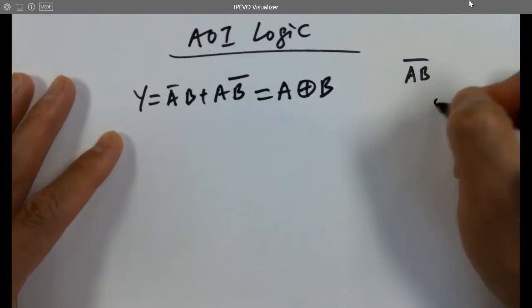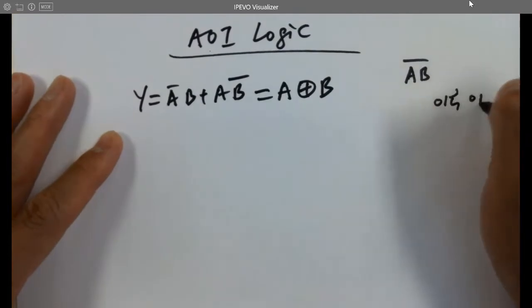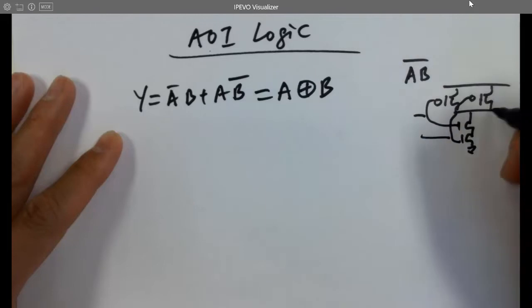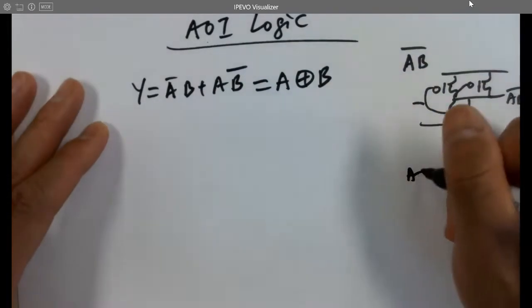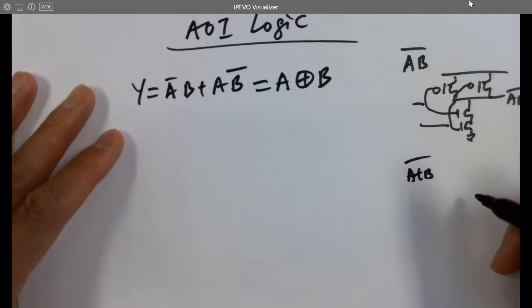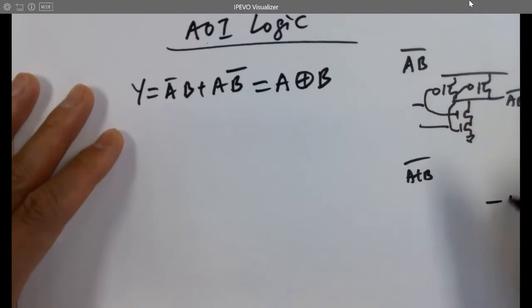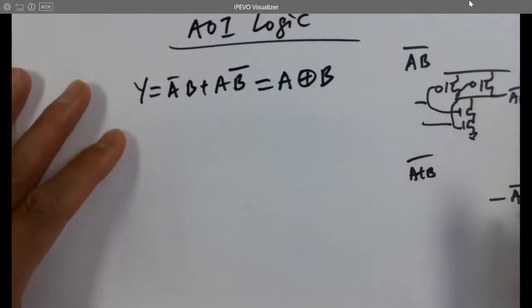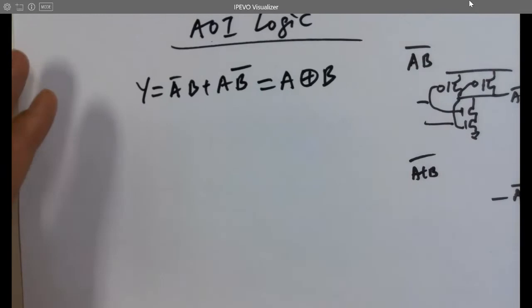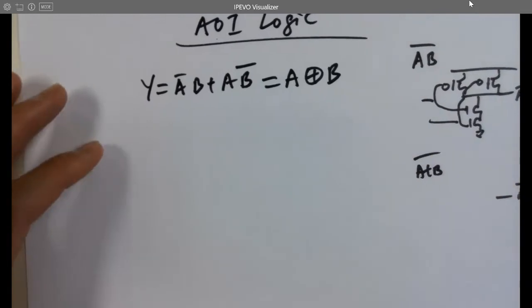For the NAND gate, we have 2 PMOSes in parallel on the top and 2 NMOSes in series at the bottom. And here's A, B, NOT. For the NOR gate, the output is not A or B. It's A or B NOT. So I have to invert it in order to get A or B. Otherwise, it's a NOR gate.